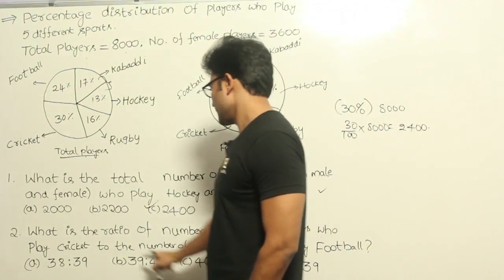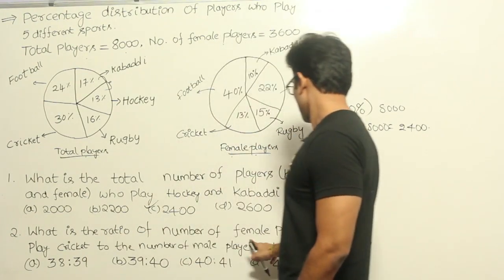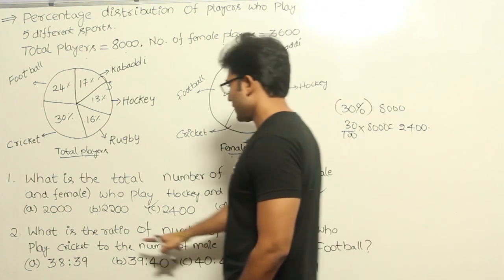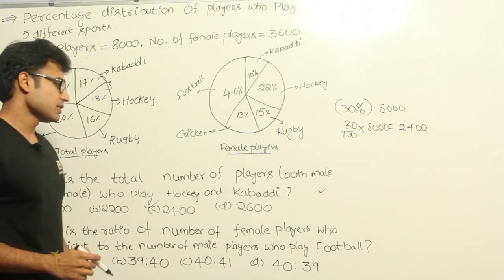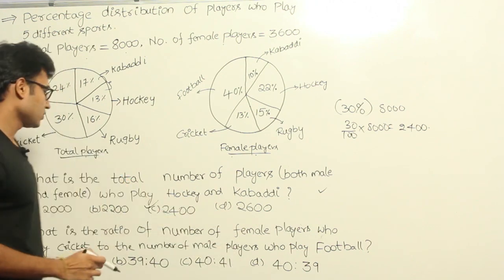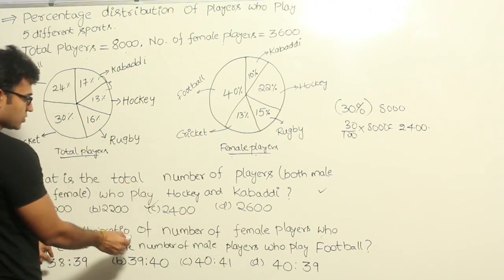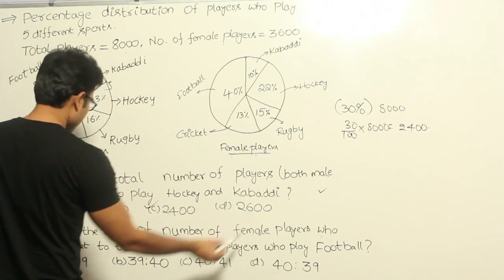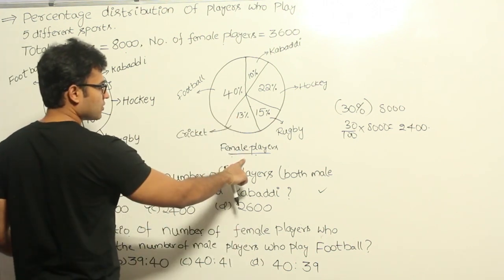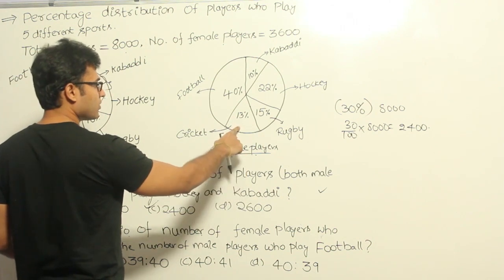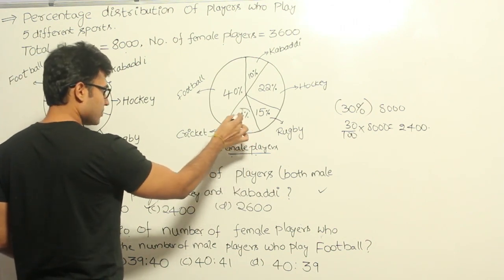Now the second question is, what is the ratio of the number of female players who play cricket to the number of male players who play football? Now if you observe, first we are supposed to find out the number of female players who play cricket. So this is the chart which corresponds to the female players. From this you can find out how many female players are playing cricket.